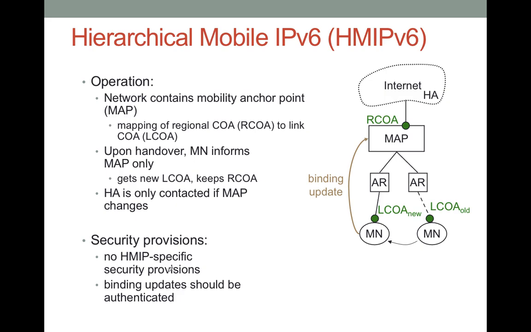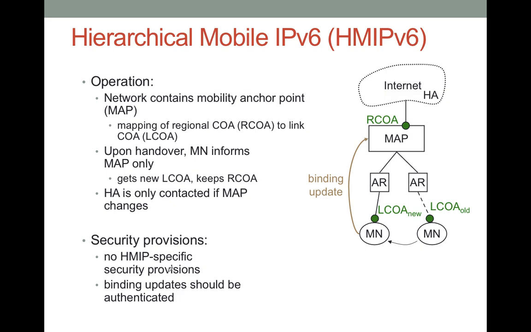So if the MAP changes, then it will consult the home agent. Okay, again, don't be confused. This is only for micro mobility within that particular network. We are talking about how to optimize the movement of mobile nodes in the foreign network, in that particular network only, micro.